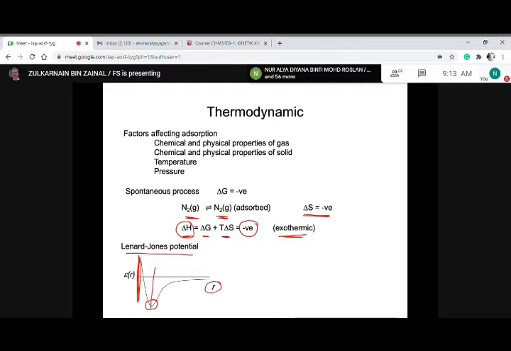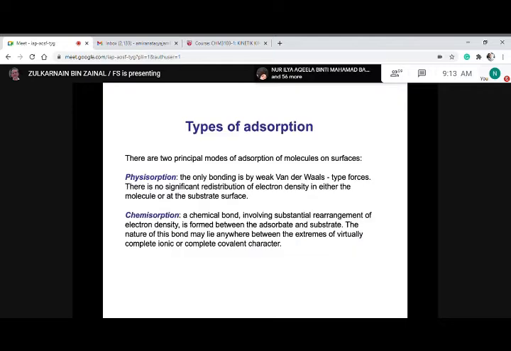The gas approaches the surface, and it will reach a minimum energy at a certain distance from the surface, and that is where it forms the adsorption, or where it forms a bond with the surface. Right, so you can read more about that.